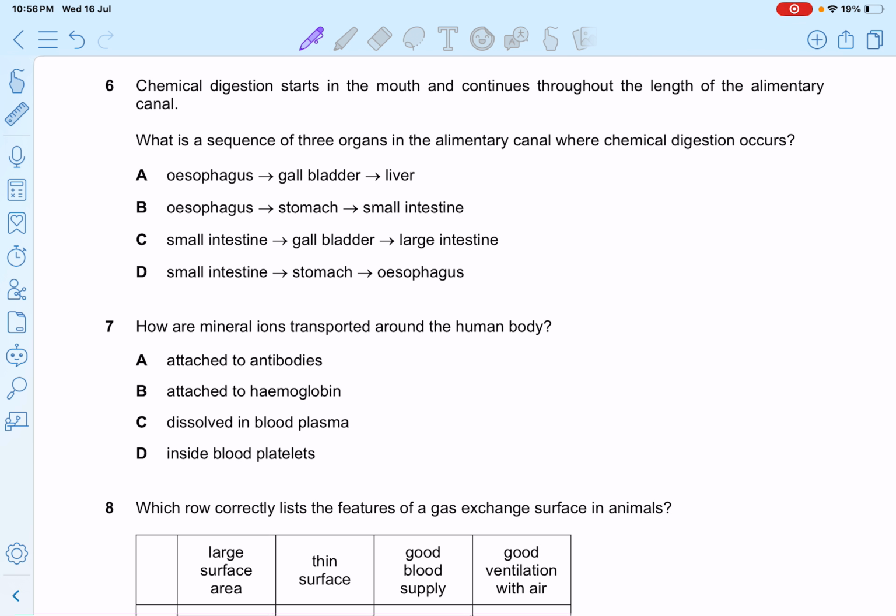Esophagus, gallbladder, liver, or esophagus, stomach, small intestine, or small intestine, gallbladder, large intestine, or small intestine, stomach, and esophagus? So if you concentrate well, we can find esophagus, stomach, then small intestine. So the correct answer is B.